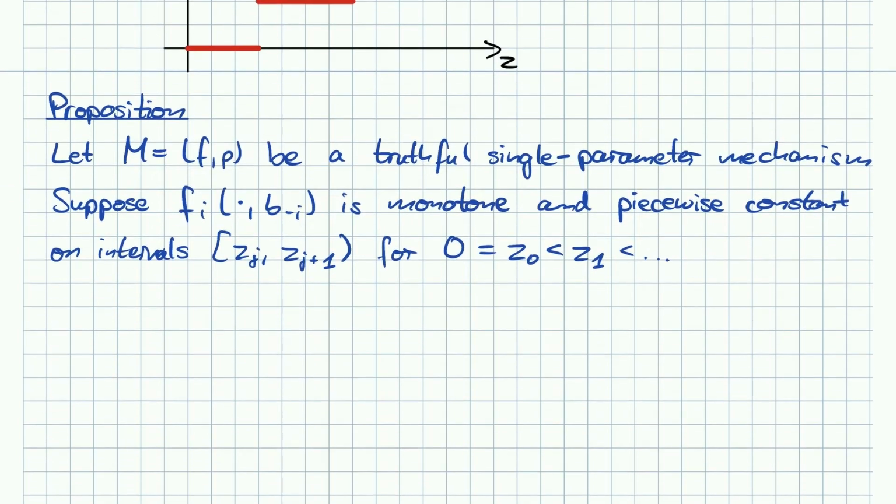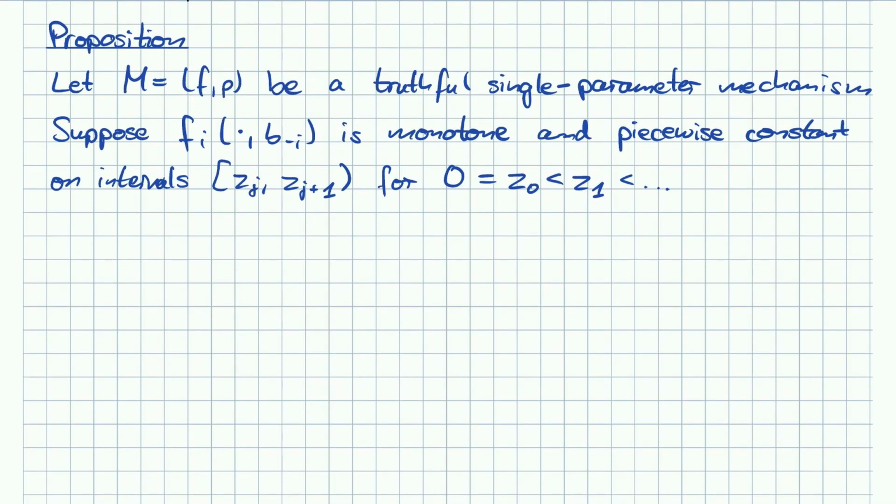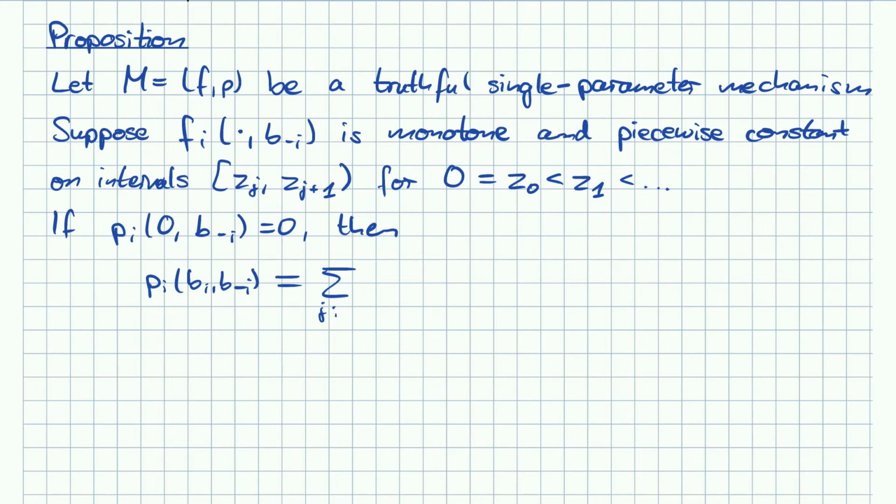And now what we're showing is that if when I'm bidding nothing, then I'm paying nothing, then we can now infer what the payment for any bid bi has to be like.